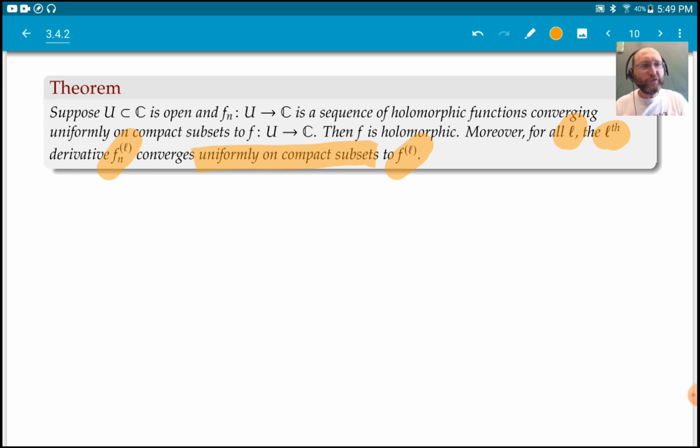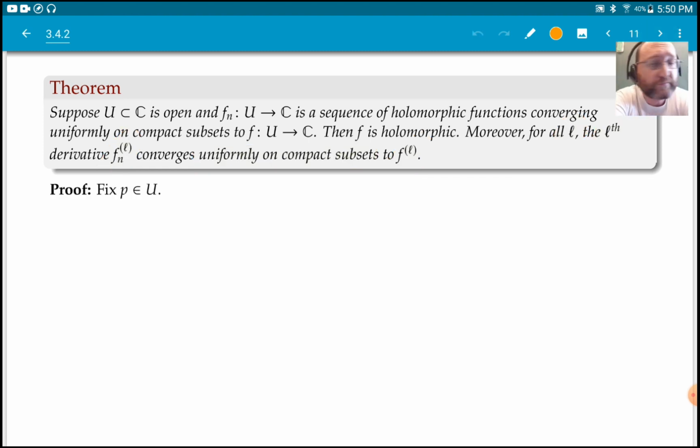Over here, we're only asking for the function to converge uniformly on compact subsets, and we automatically get that all the derivatives converge. So it's very strong. And if you'd ask for all the derivatives to converge as well in the same sense, you're getting the same concept of convergence actually, kind of weirdly.